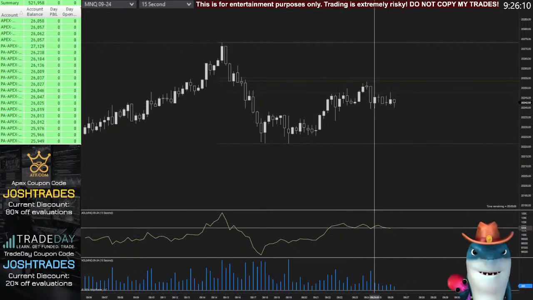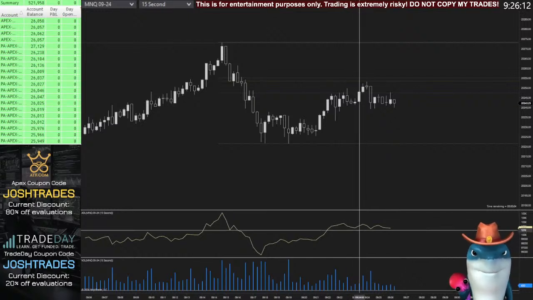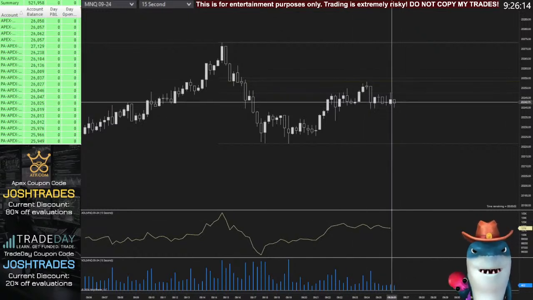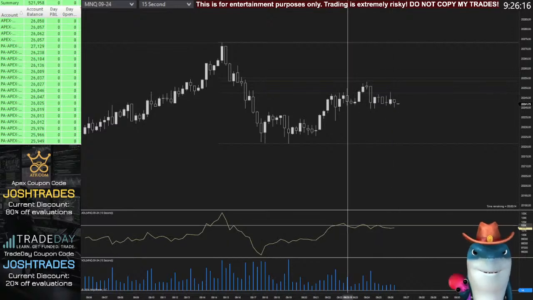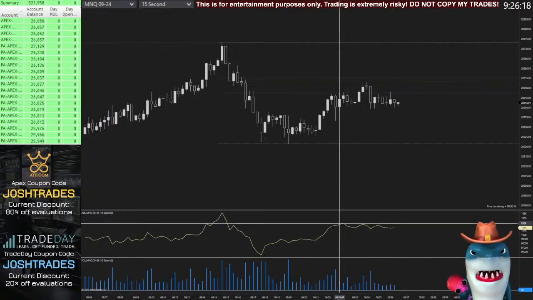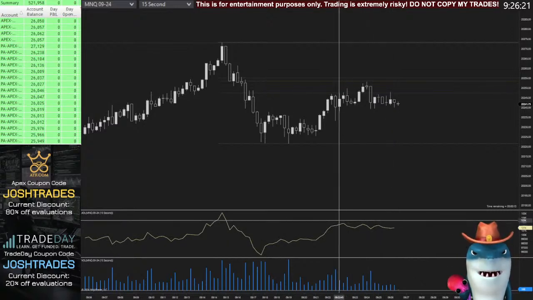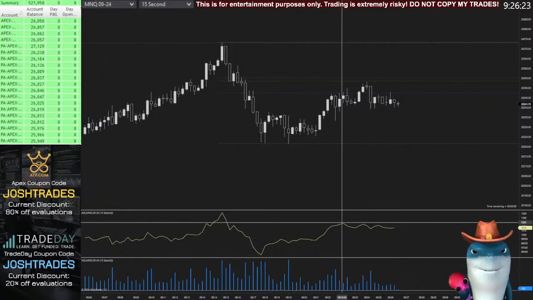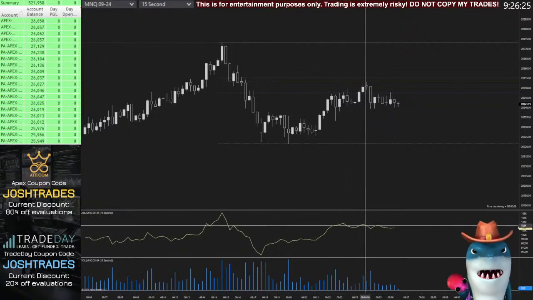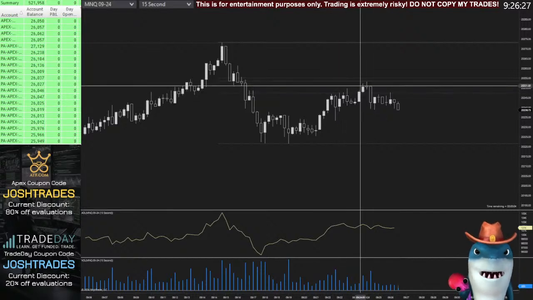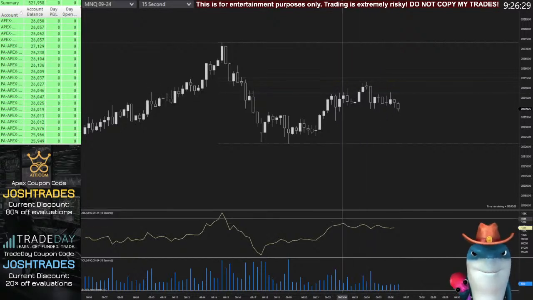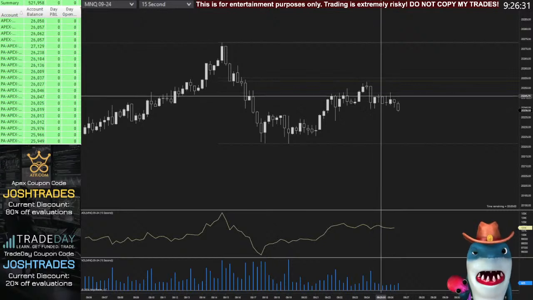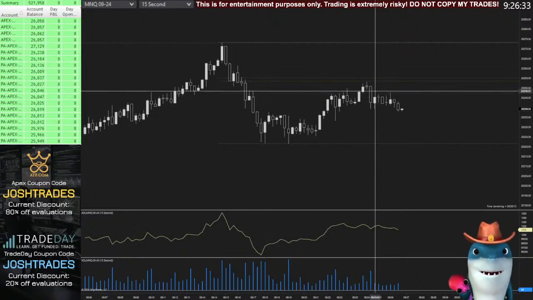So after seeing this, if you counted this as divergence, you could consider a short. But personally, I don't think this is big enough. I think true divergence is very obvious, and this slight higher high versus slight lower high, personally I don't consider that strong enough to take a trade on.